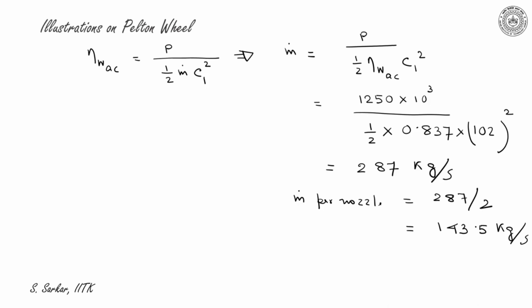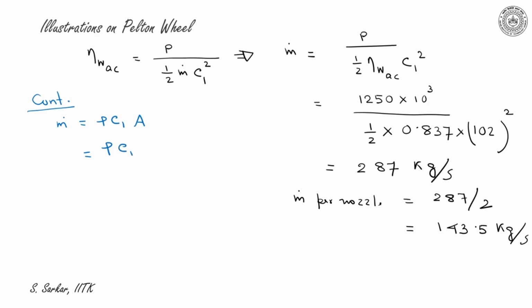I can write m dot, the mass flow rate in a nozzle, is equal to rho C1 A, where A is the nozzle flow area. So that also can be written as rho C1, where C1 is the absolute velocity of the jet.